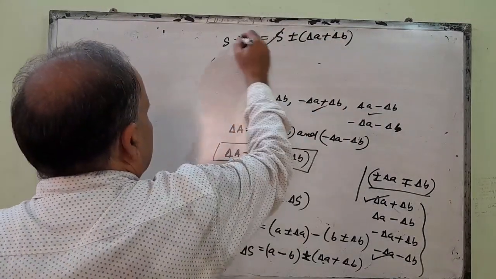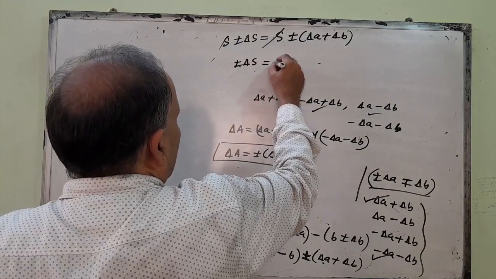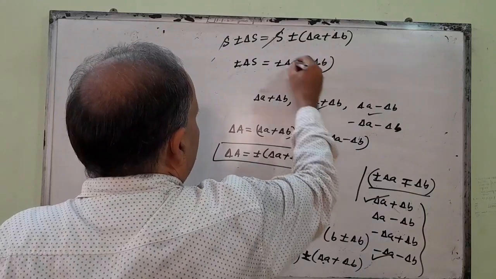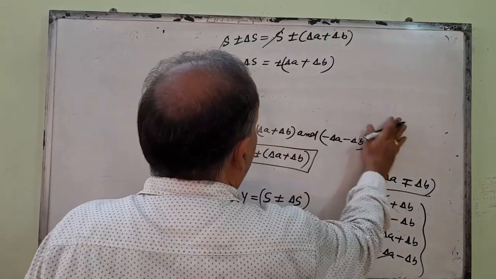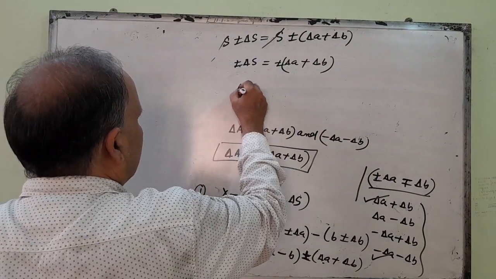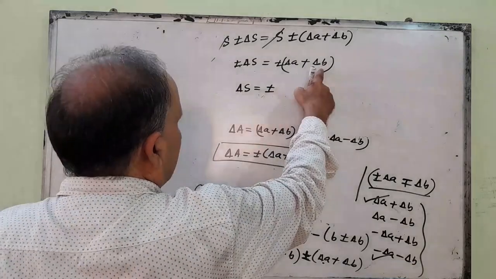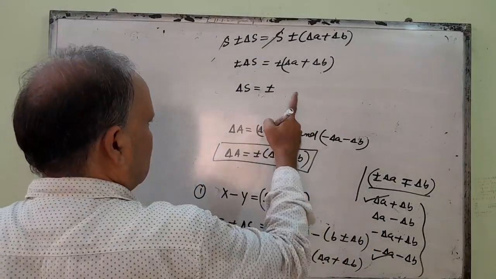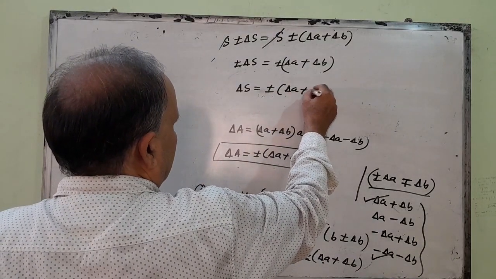I can cancel s, so plus minus delta s is equal to plus minus delta a plus delta b. And since I choose maximum error, we find delta s is equal to plus delta a plus delta b or minus delta a minus delta b. In case of a subtraction also, I write delta a plus delta b.